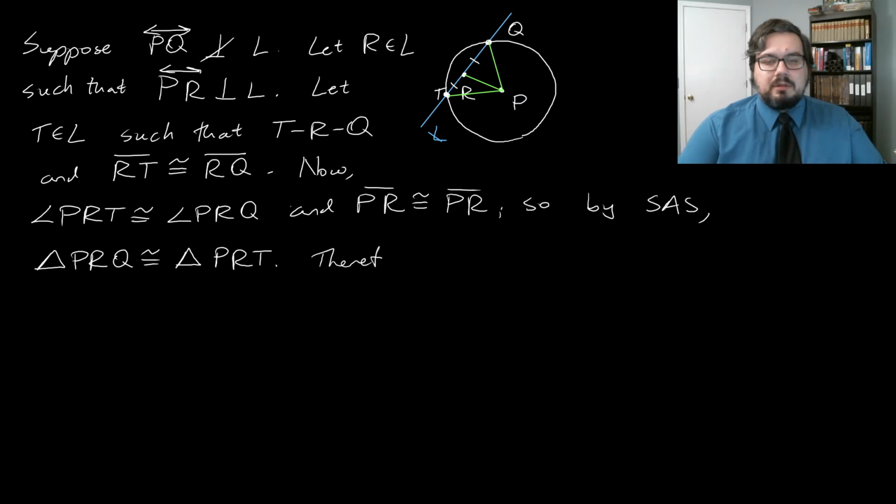Therefore, the segment PT is congruent to the segment PQ. Hence, that means that the distance from P to T is equal to the distance from P to Q, which is little r.